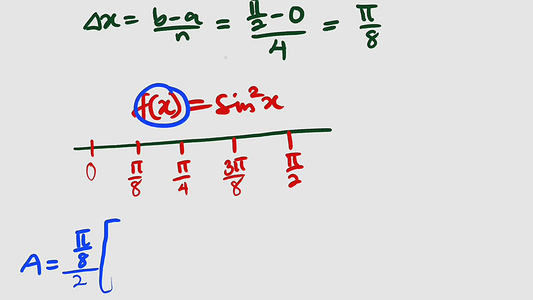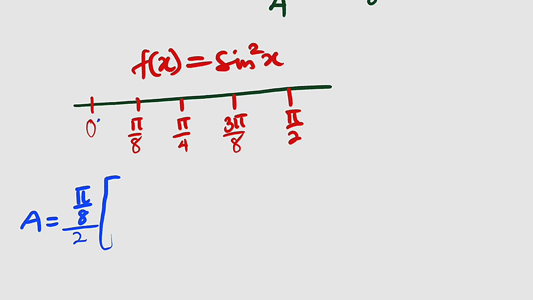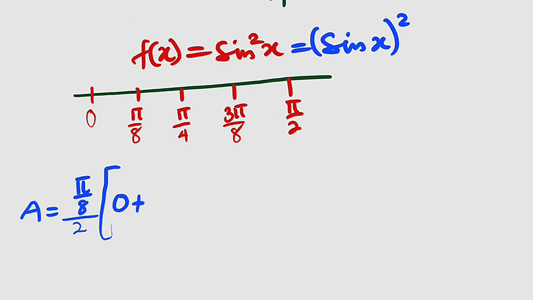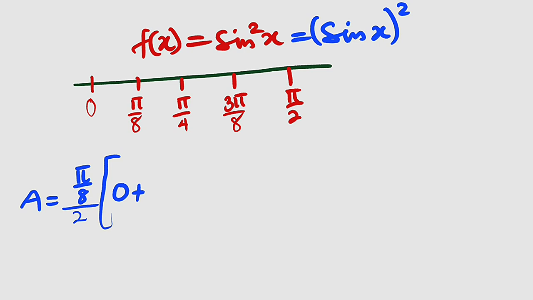If you plug in 0 in here, you have sine 0 squared, because this can also be written as sine of x whole squared. They are all the same. Sine of 0 whole squared will be 0, plus 2 multiplied by, remember the formula, 2 multiplied by f of x1. Then you evaluate sine squared pi over 8. Whatever you obtain, you multiply by 2.